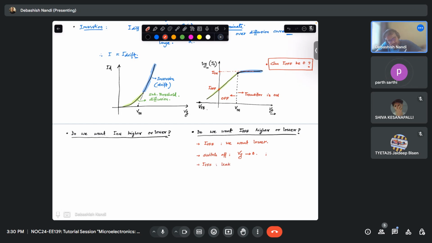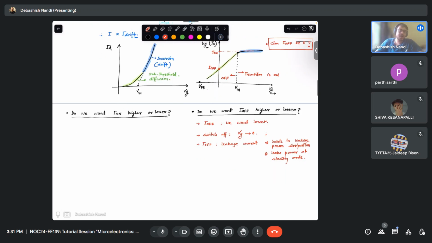It leads to leakage power dissipation, which leaks power at standby mode. So this we do not want.